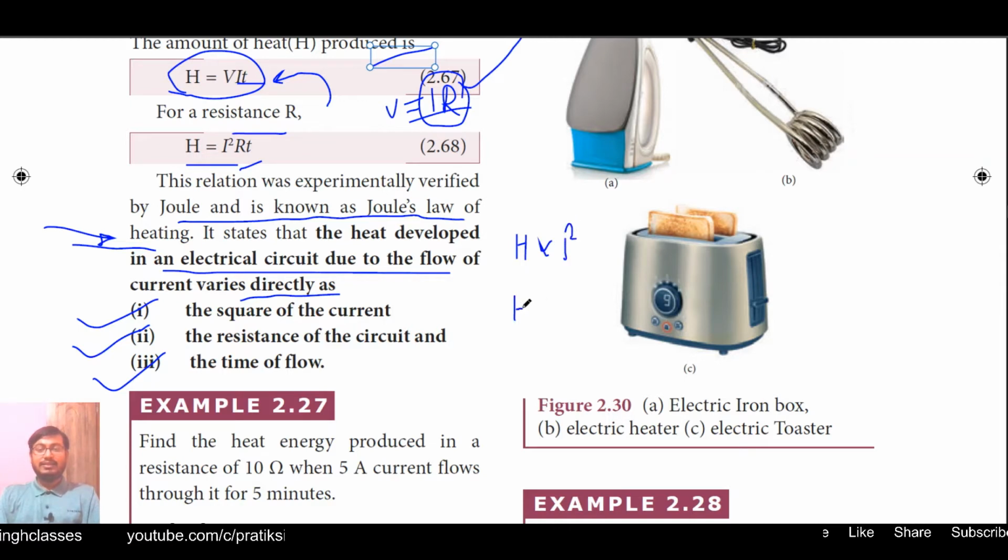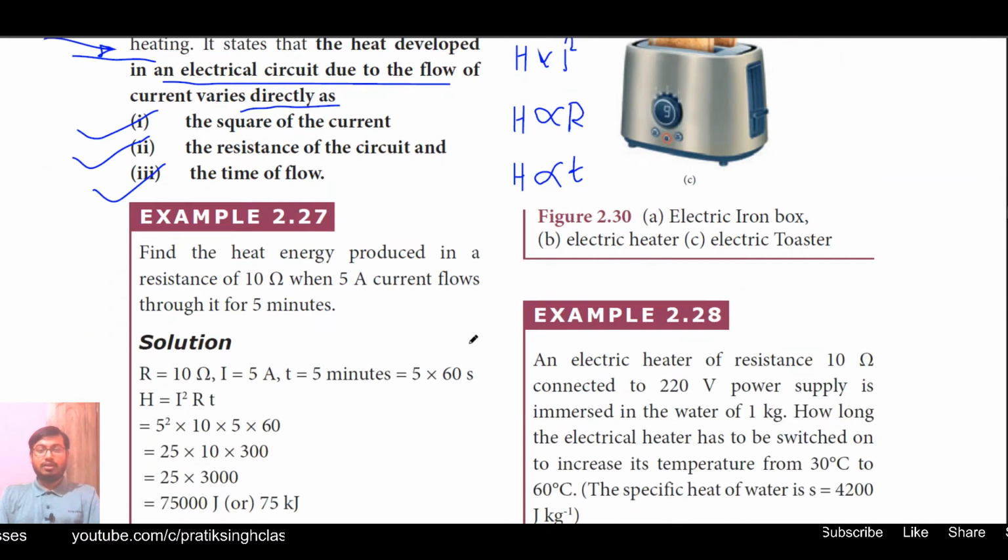Then heat generated is directly proportional to resistance R. Okay, and also heat generated is directly proportional to the time for which current has flown through the resistor or through the conductor. All right, so this is all about Joule's law of heating effect.